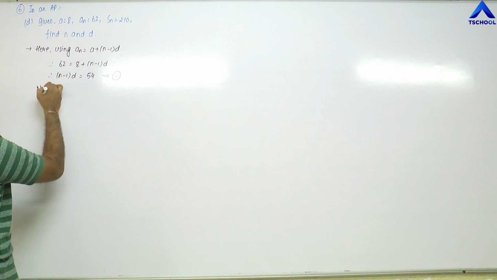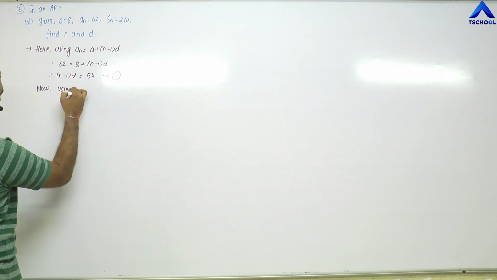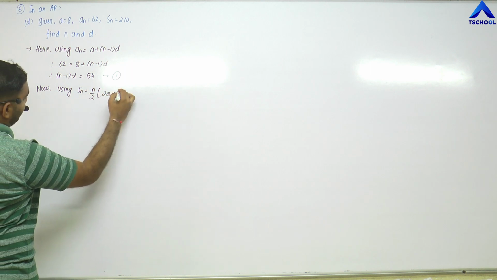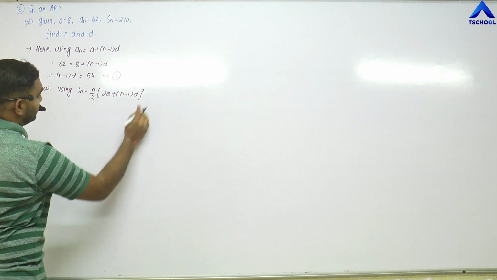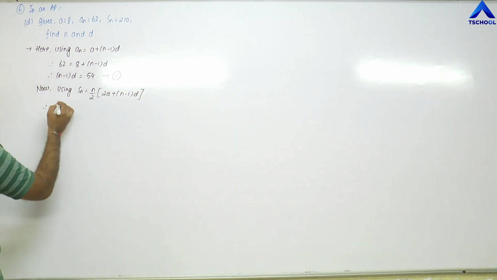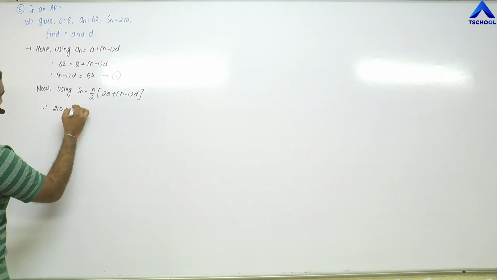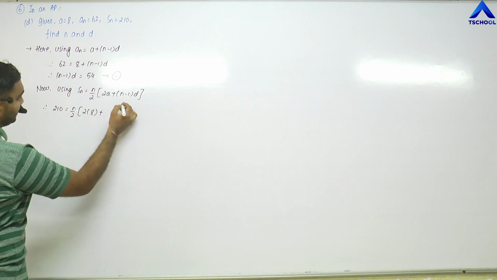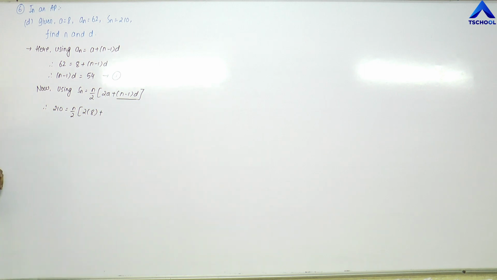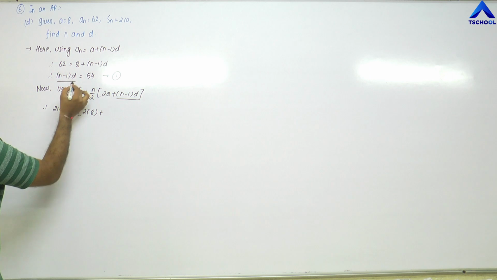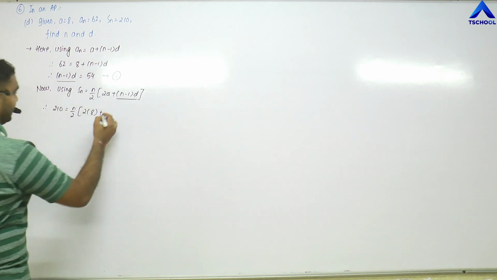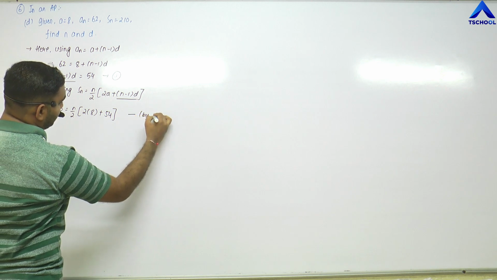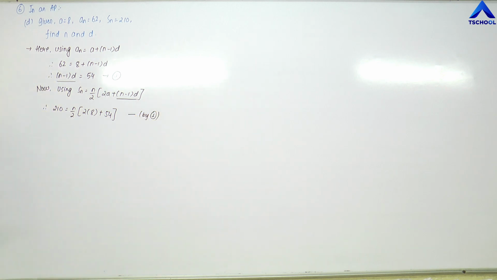Now, using Sn, that is n by 2 into 2a plus n minus 1 into d. Therefore, what is Sn given? 210 is equals to n by 2, 2 into 8 plus, see friends, what is this? n minus 1 into d, and we got the value of n minus 1 into d here, that is plus 54 by equation number 1, right?